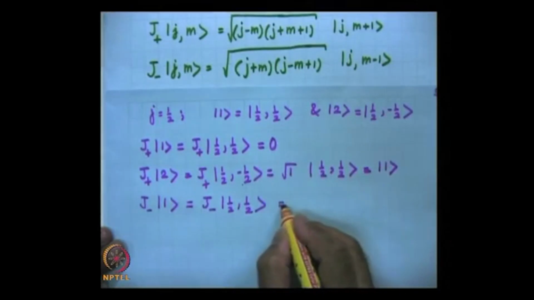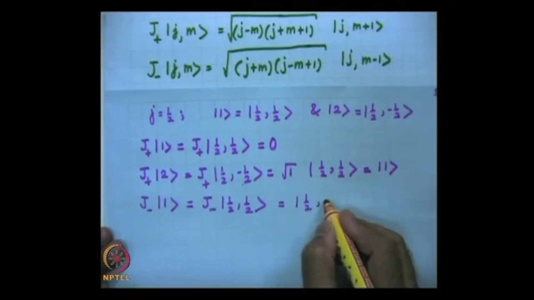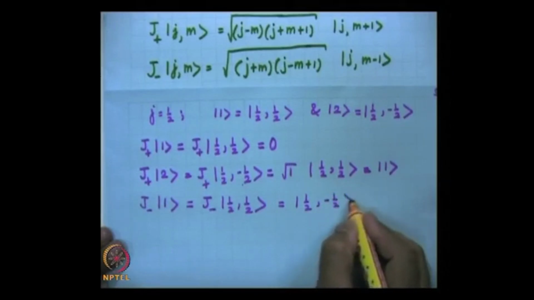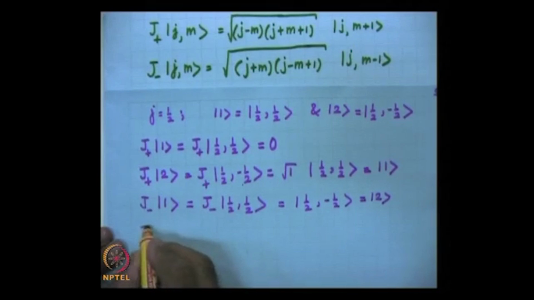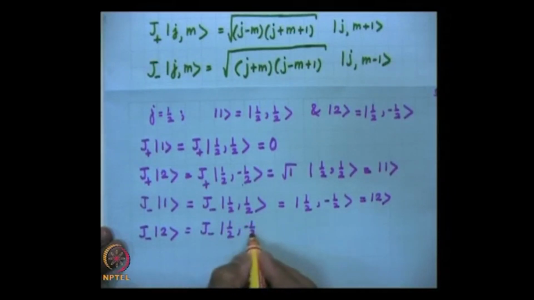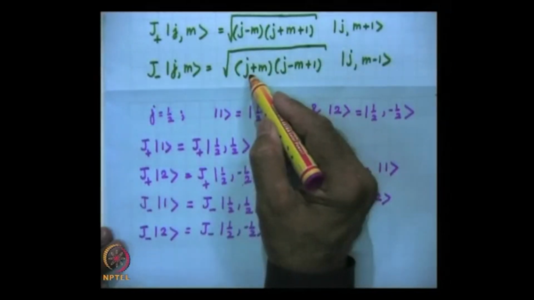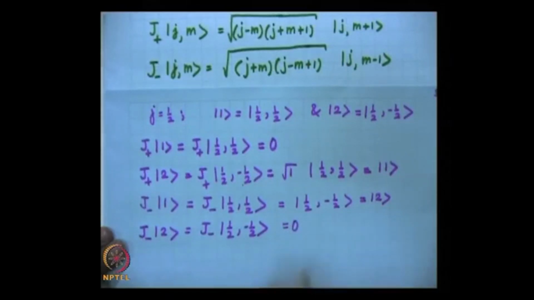So, this will be half m minus 1, that is minus half. So, that is ket 2, and J minus ket 2 will be J minus ket half minus half. So, half minus half, this will be a null ket.